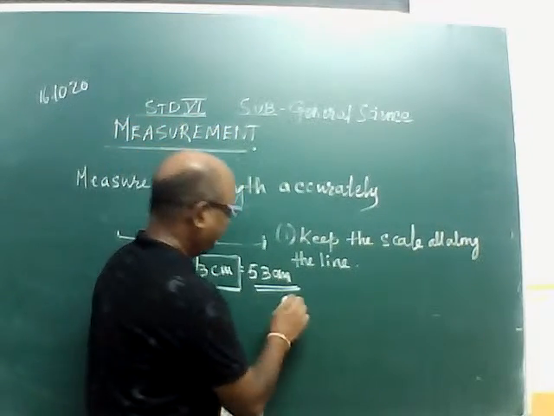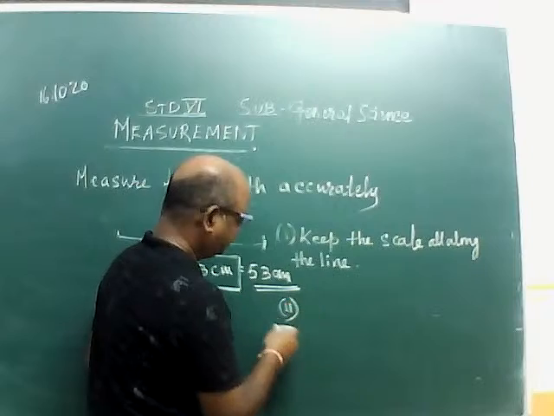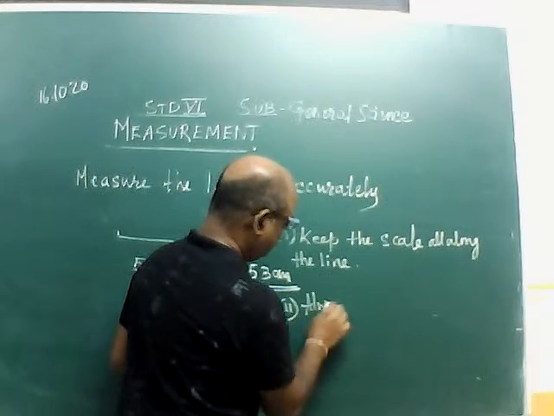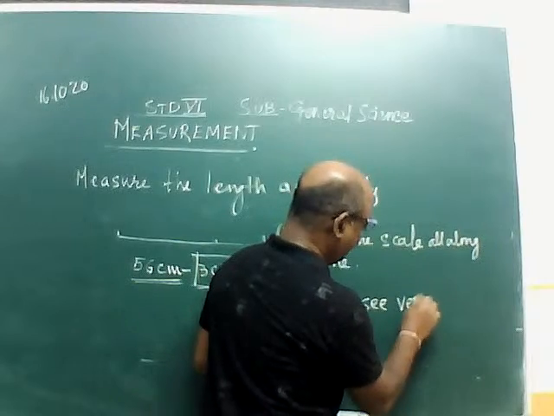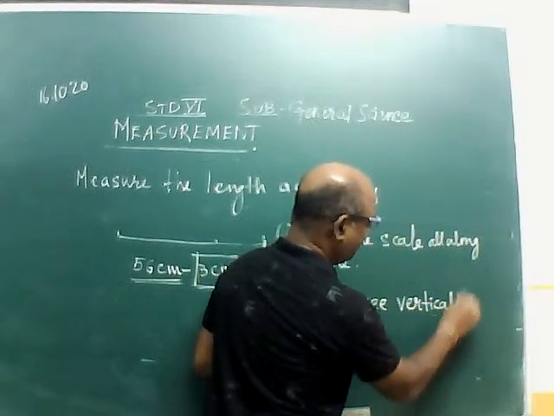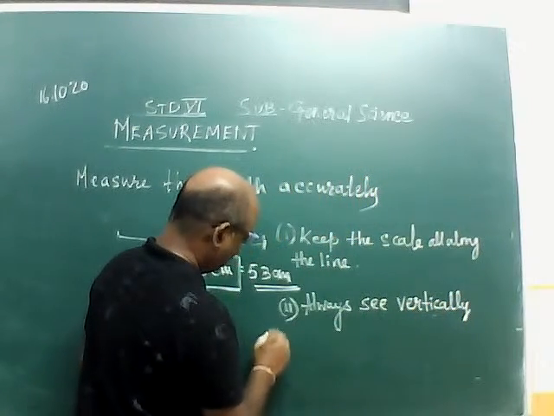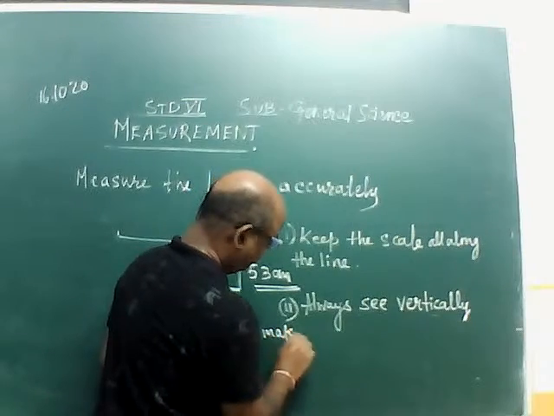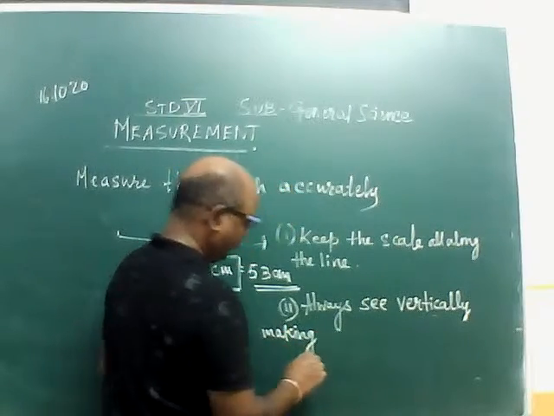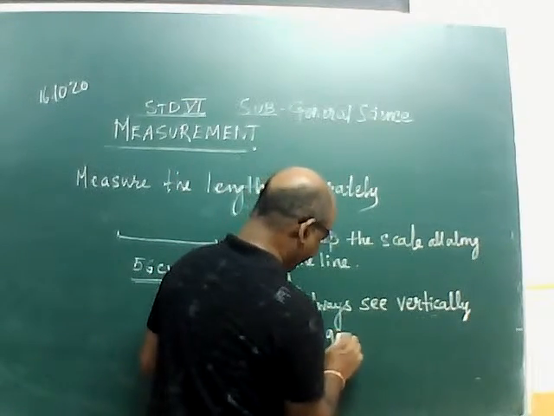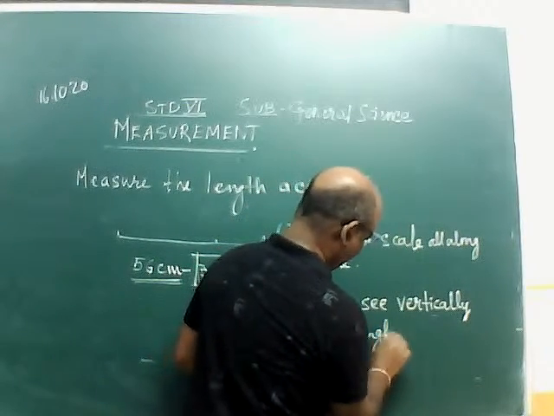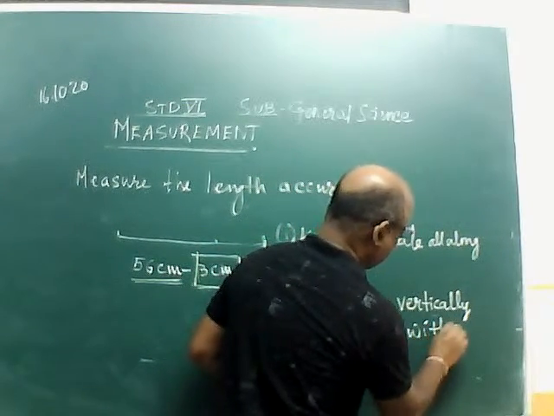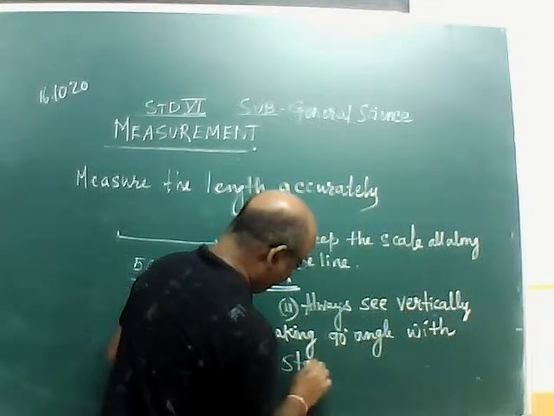So the second point is always see vertically, making a 90-degree angle with the starting point and ending point of the measurement.